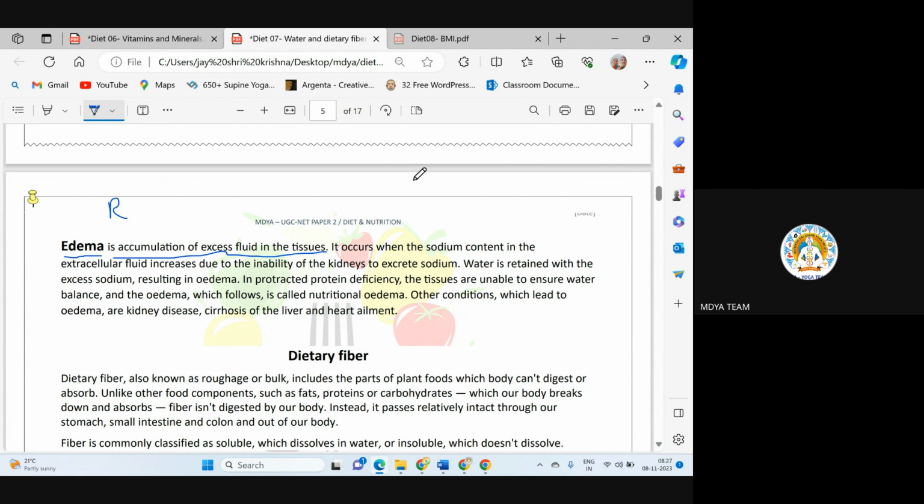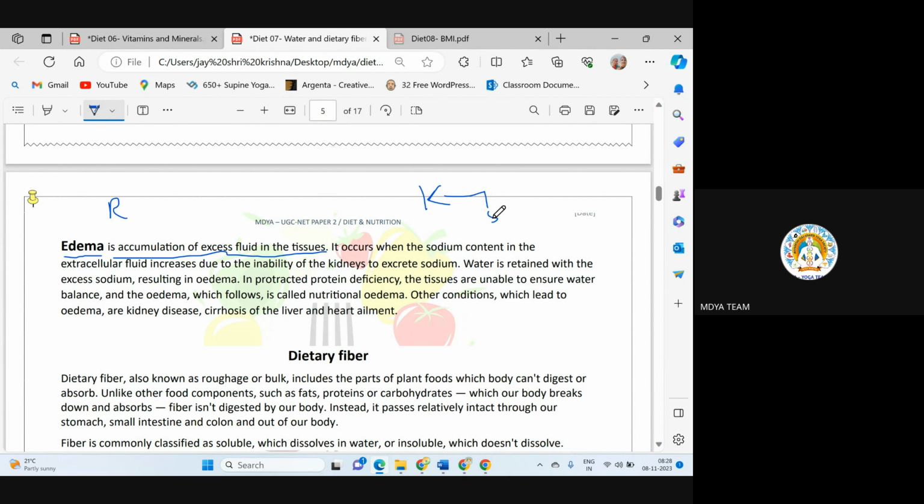If someone is having kidney stones or some problem in the kidney, then there is water retention in the legs, and the legs and feet start swelling up. The reason behind that is, if there is some problem in the kidney, then the kidney is unable to flush out the extra sodium and chloride.